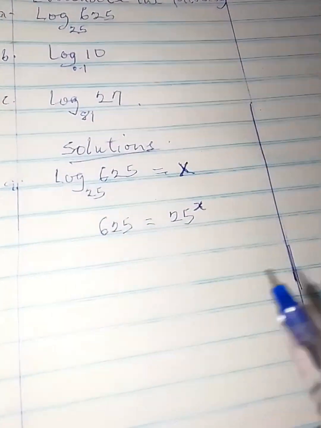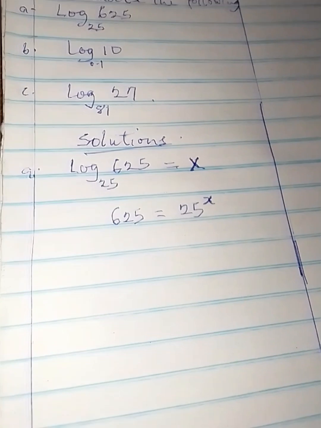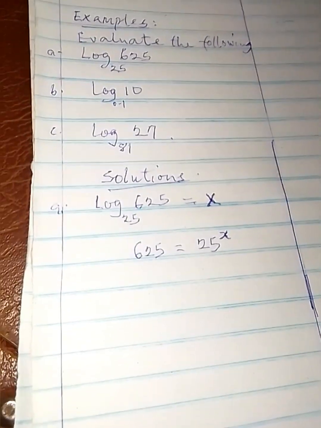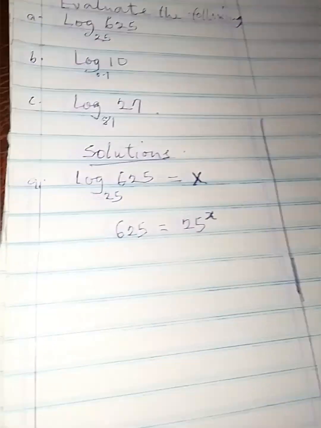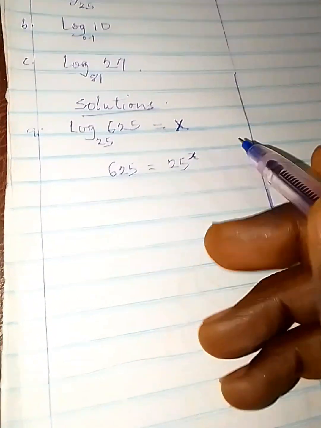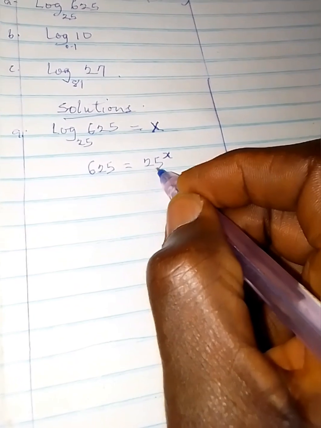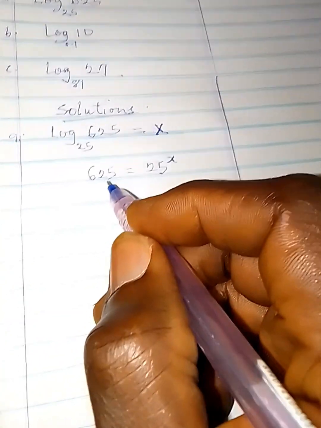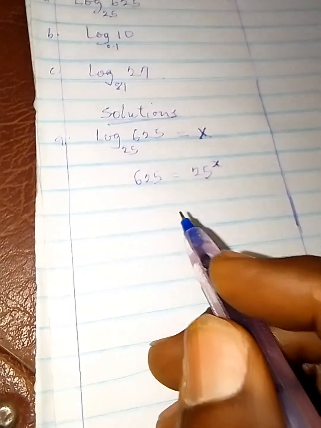Now what is the next thing to do? The first thing you should have in mind is having the same base. We have 625. What will be our base? 25 is what we have as a base here, so the base here is going to be 25 as well.